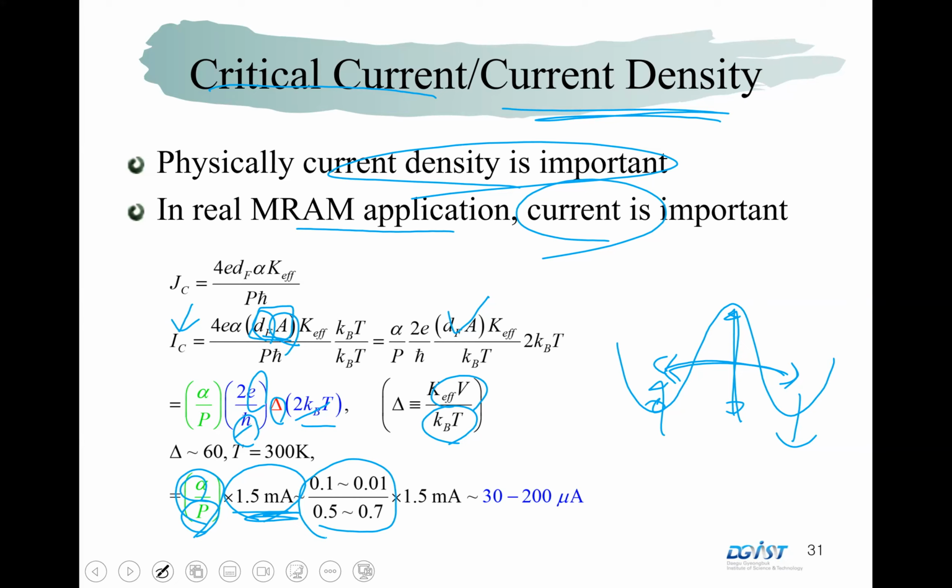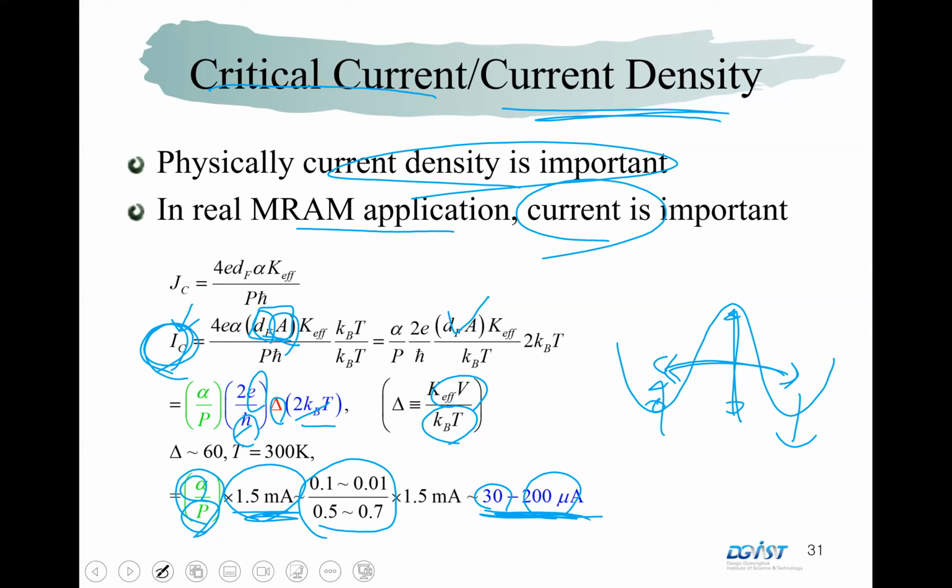So the required switching current for STT-MRAM cannot be smaller than about 30 microamperes, and the typical order is about 100 microamperes. That is one of the problems. It is a little bit larger than the desired value. This value is getting better and better, but unfortunately there is some kind of limitation of this critical current.